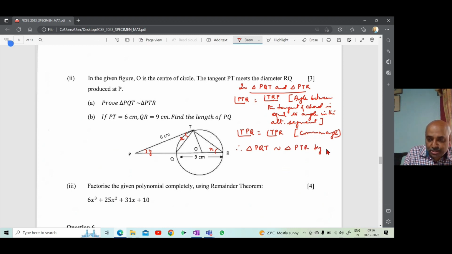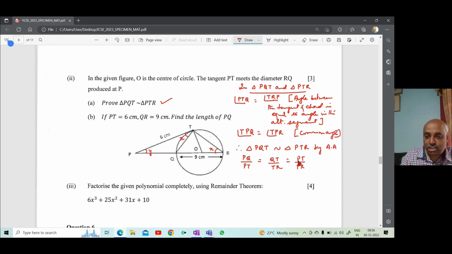By what law are you saying? By angle. So the first part is done. I have proved that triangle PQT is similar to triangle PTR. Since I proved they are similar, I can say PQ over PT is equal to QT over TR is equal to PT over PR.